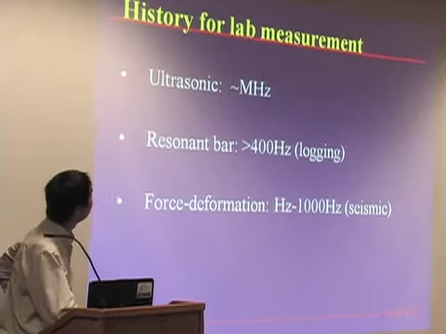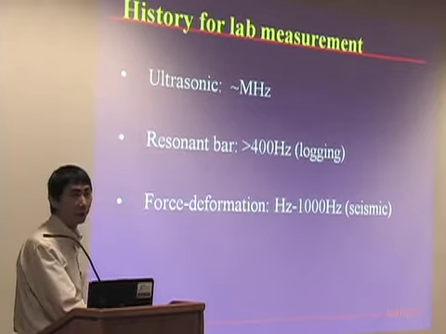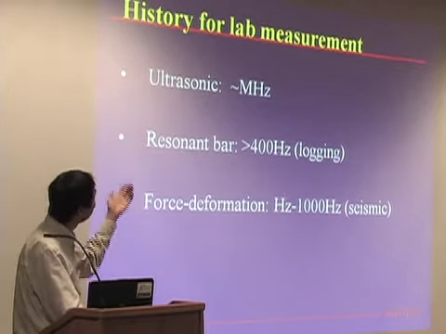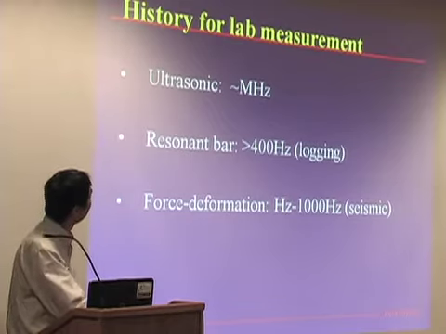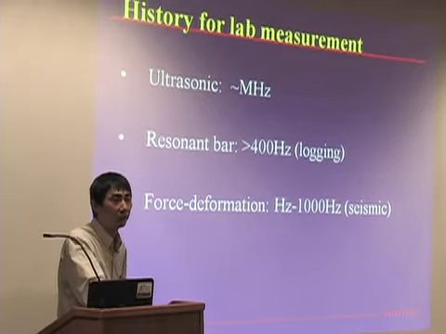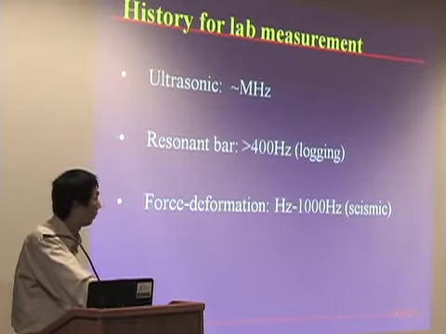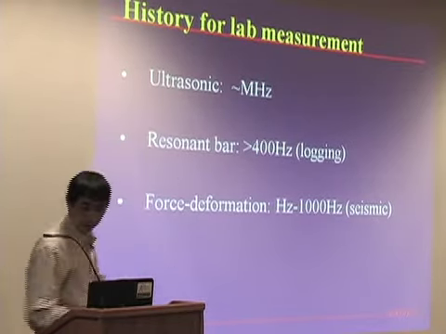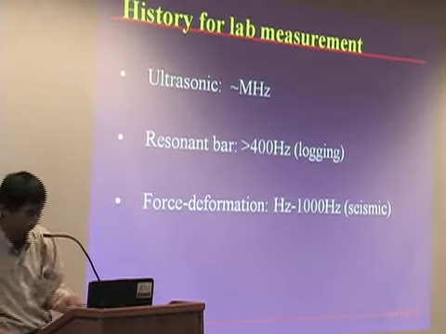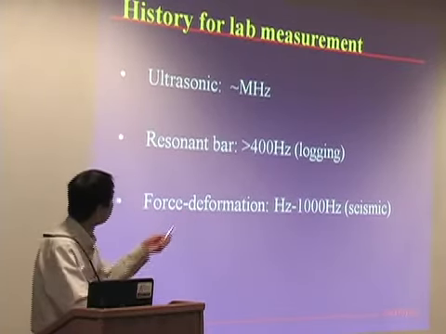A little bit about the history of lab measurement. As Jose just mentioned earlier, we normally use ultrasonic, the pulse-transmission method that directly measures the wave velocity. But that's in the megahertz frequency.